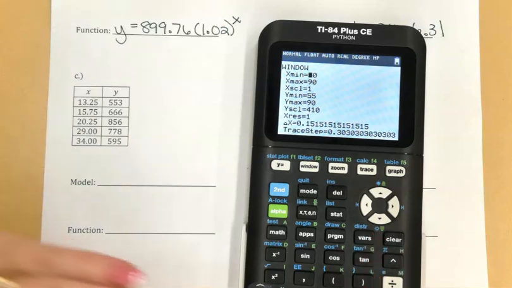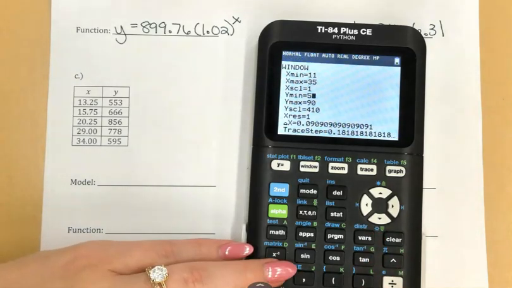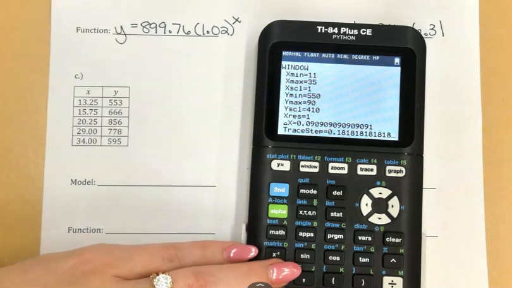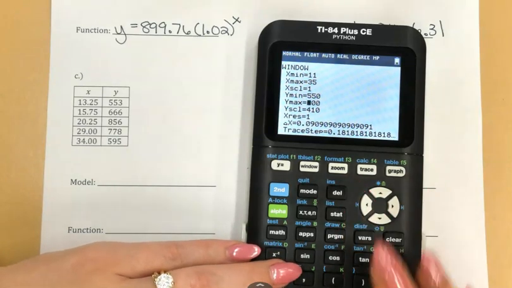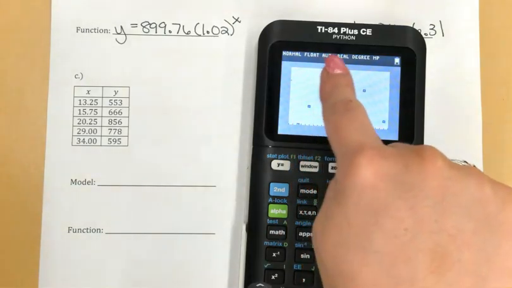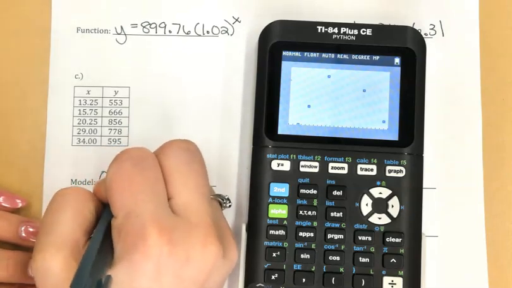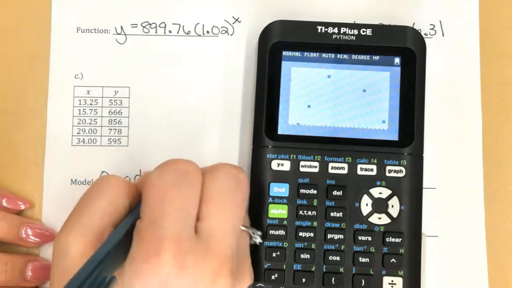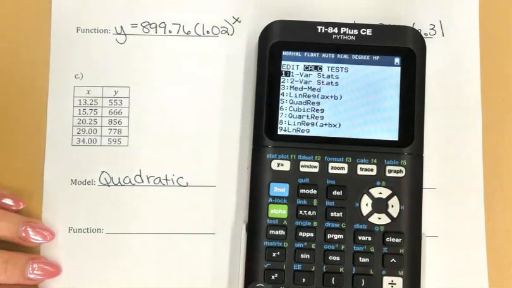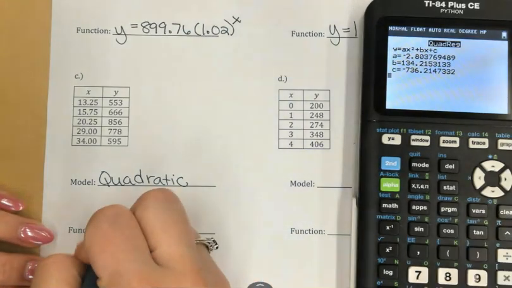And I'm going to adjust my window to make sure I can see everything I need to see. And I can clearly see from these points we go up and then down like a parabola. So this is going to be a quadratic. And I'm going to use a quadratic regression to get my function.